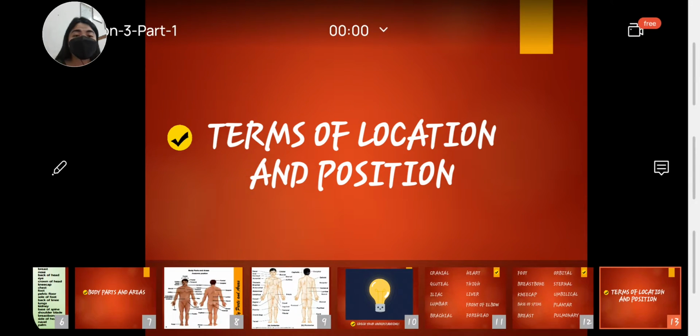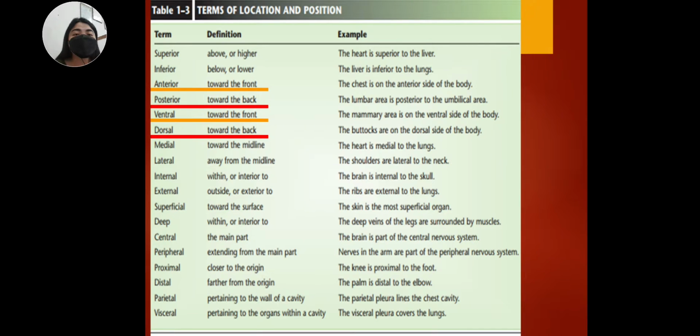Okay. Sorry. For terms of location and position, I will be giving you the terminology, and you will be creating or making it into a phrase. For example, we have different terms and different definitions.